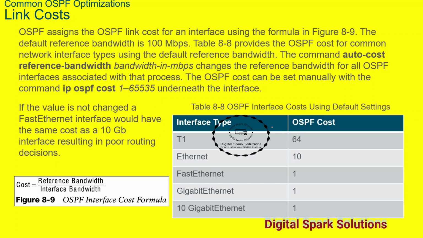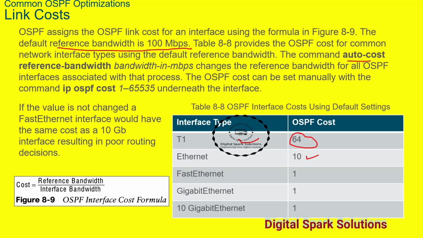Okay, this is the metric cost. The default reference bandwidth is 100 Mbps, and if we are using the interface type T1, the OSPF cost is 64, for Ethernet 10, and then for Fast Ethernet, Gigabit Ethernet, and 10 Gigabit Ethernet the cost is 1, remaining the same.